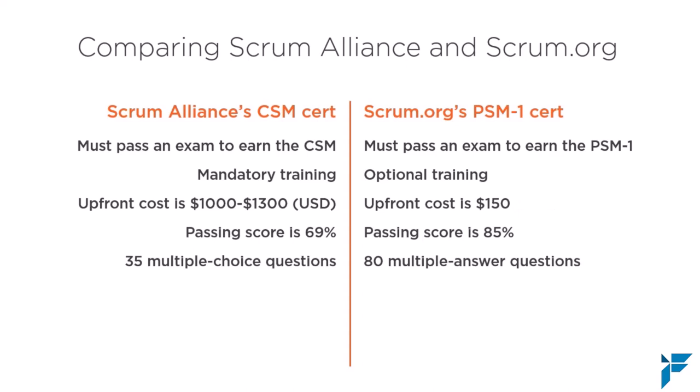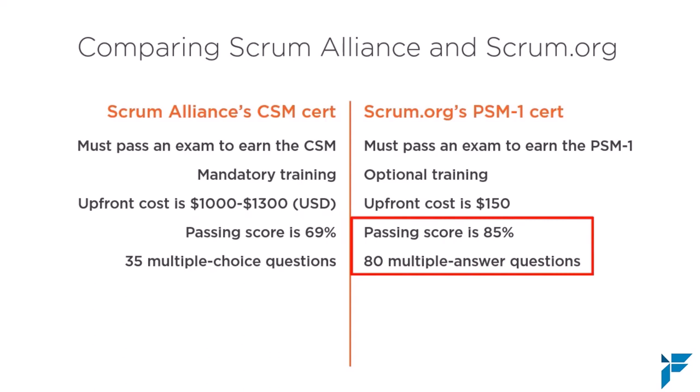The CSM is much harder to pass than the PSM. For the CSM, there are just 35 multiple choice questions, and you need to only answer 24 of those questions correctly to pass. That's a passing score of just a shade under 69%. If you were awake during the mandatory 2-day CSM training, you're going to pass the CSM exam.